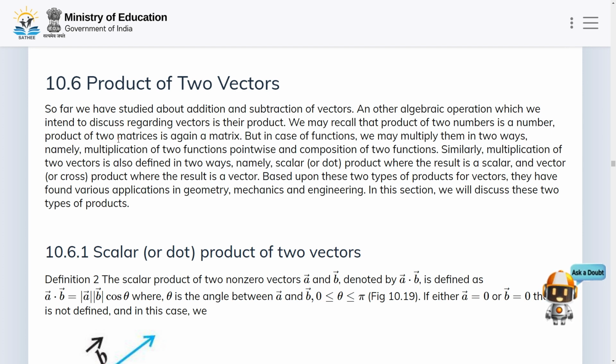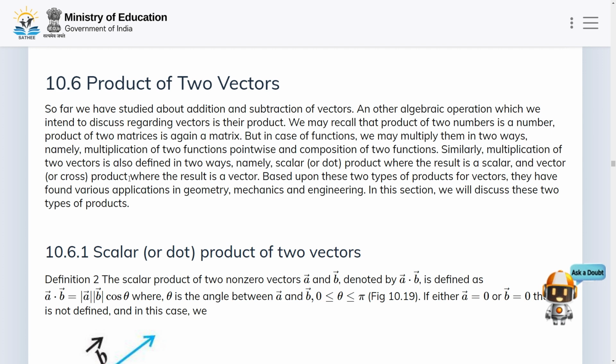We have seen the triangle law, and how to find the addition or sum of two vectors by using the parallelogram law and all of these things.